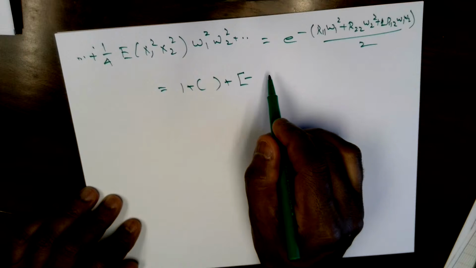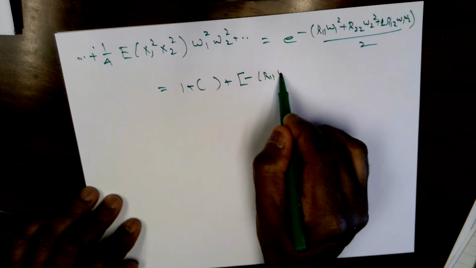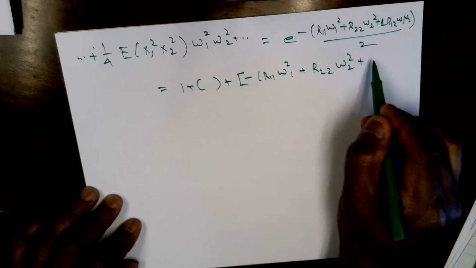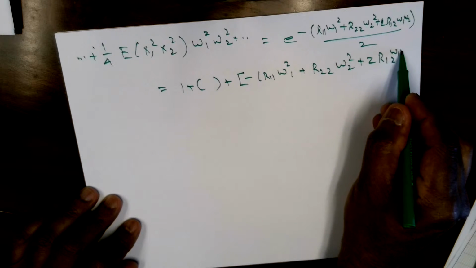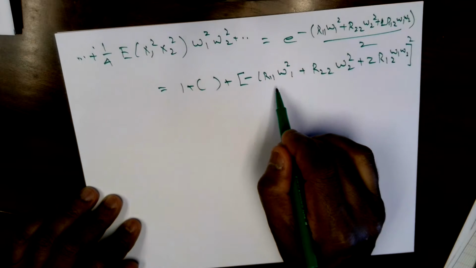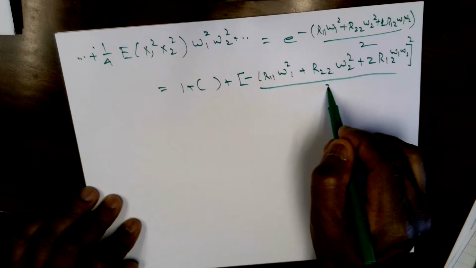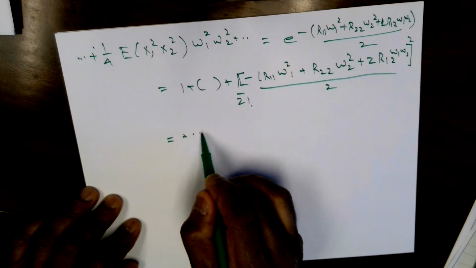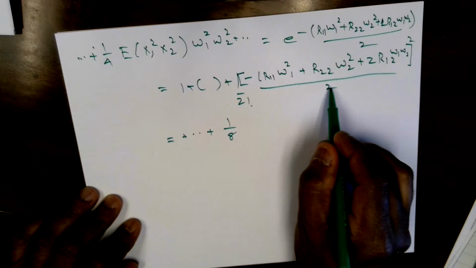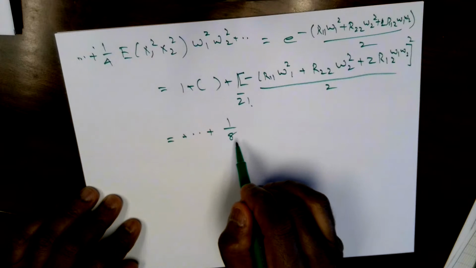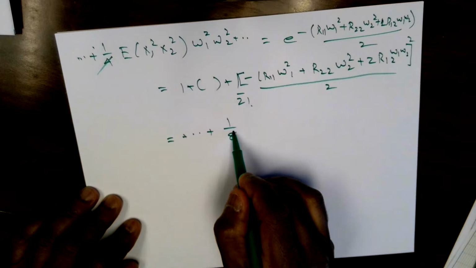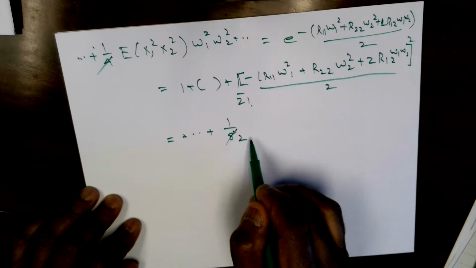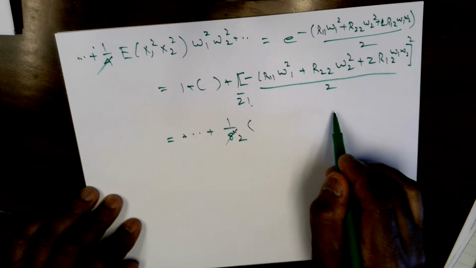This square is minus r11 omega 1 squared plus r22 omega 2 squared plus 2r12 omega 1 omega 2, this whole squared. But within this, there is a 2 here, and then there's a 2 factorial outside. So the term that we are interested in is 1 over 8 because there's 2 squared, 2 here. So this 4 and this 4 will cancel, leaving a 2. And if you look at it, we have to square this term.